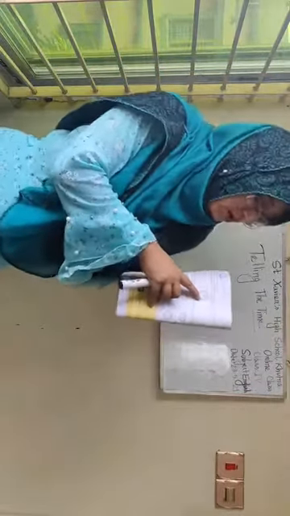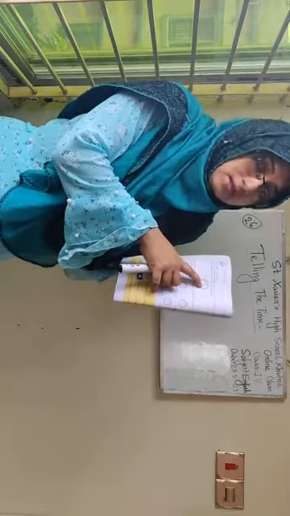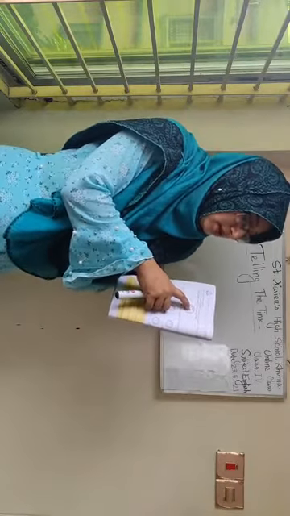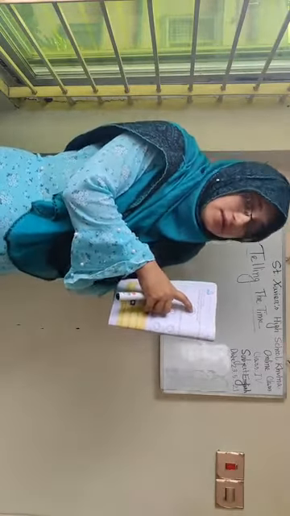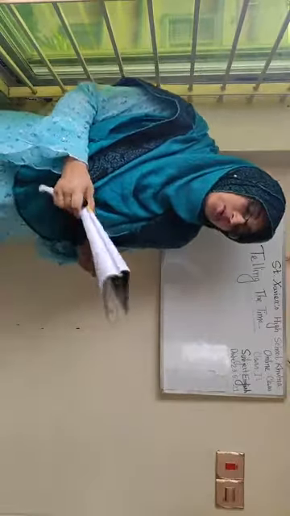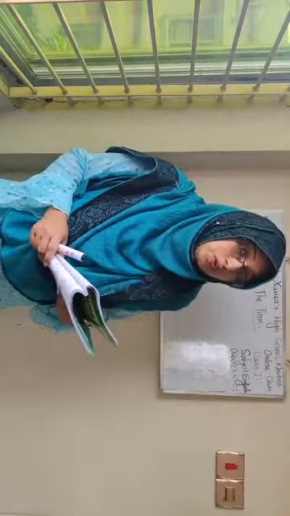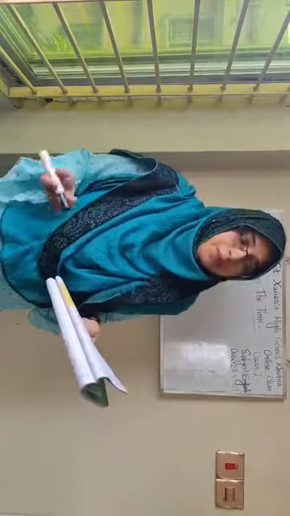Now my dear students, here you can see in your textbook the small hand is in 2 and long hand it is in 12. So we can tell that it is 2 am or pm.